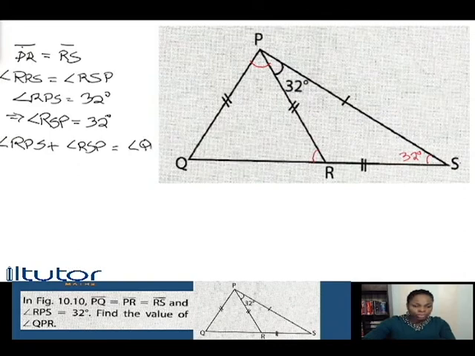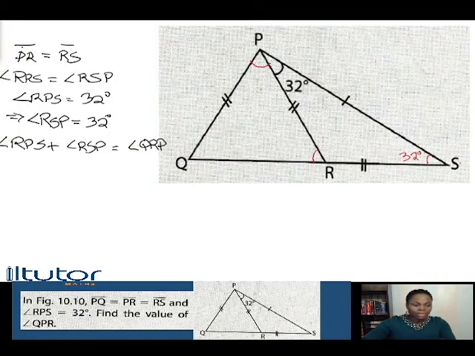The reason is that an exterior angle of a triangle is equal to the two interior opposite angles.